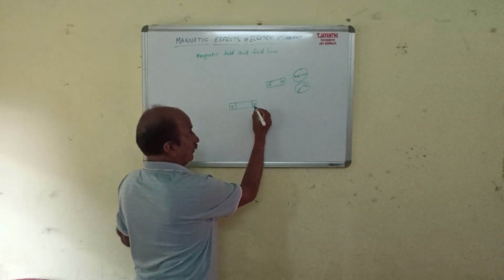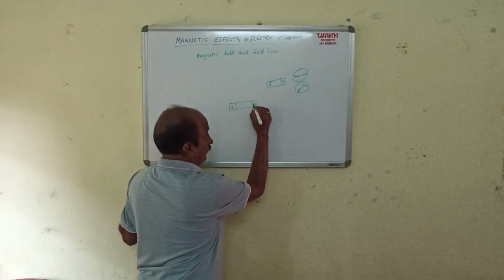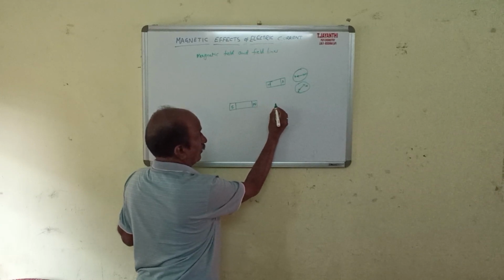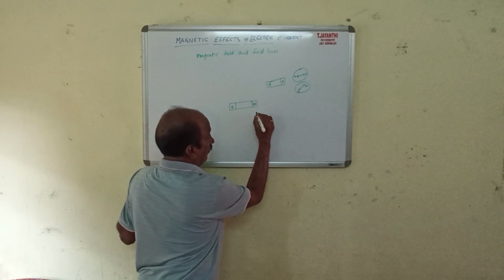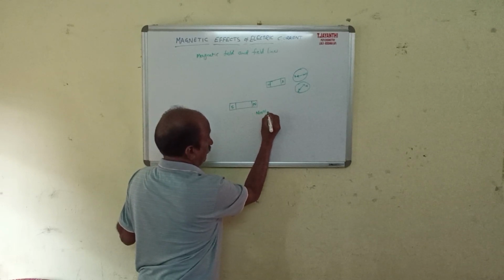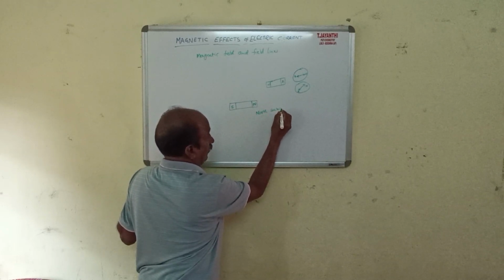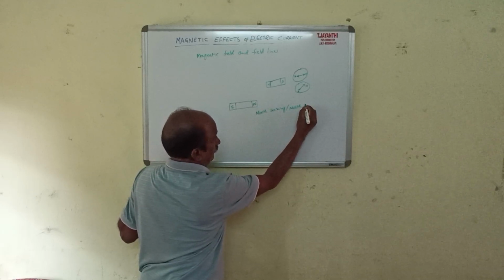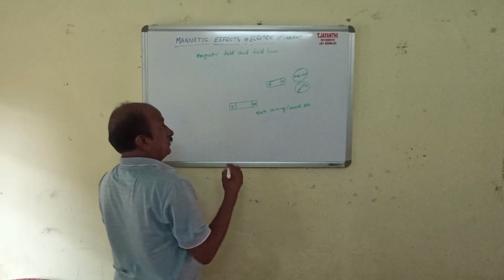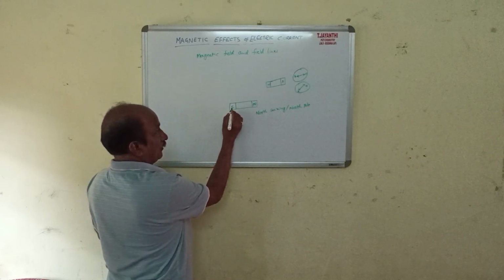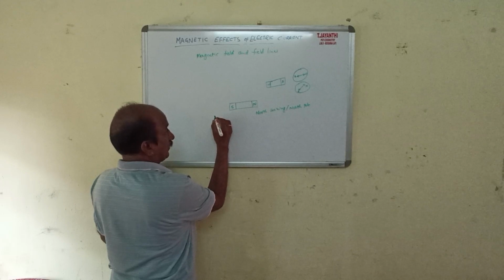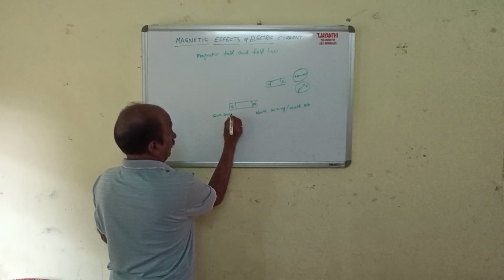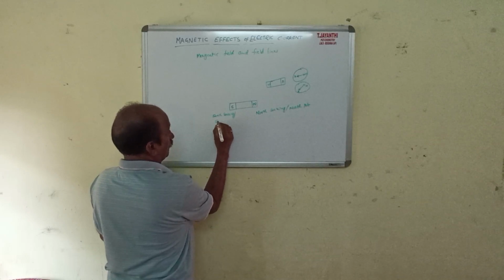Here the edge of this magnet seeking north is said to be north seeking or north pole. Similarly, the other side is south seeking, that is why it is called south seeking or south pole.